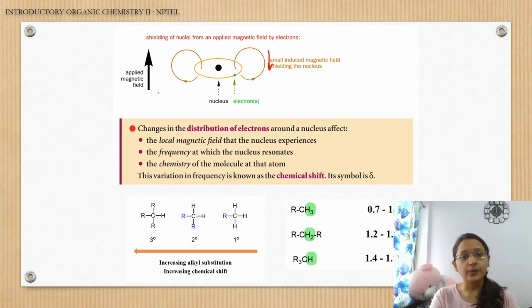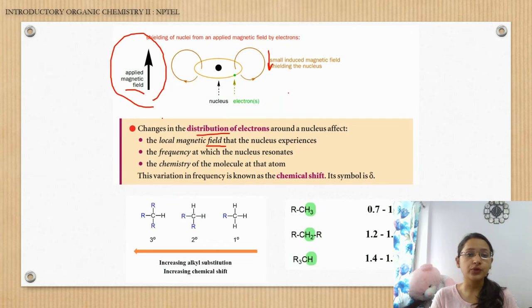So changing the distribution of the electrons around the nuclei affects the magnetic field experienced by the nucleus, because it is not experiencing the full applied magnetic field which we apply externally. Due to the induced magnetic field, some of the applied magnetic field is neutralized, so it is not as effective as the field we are applying.